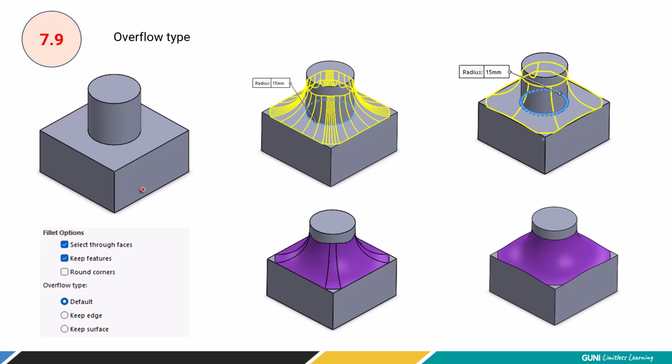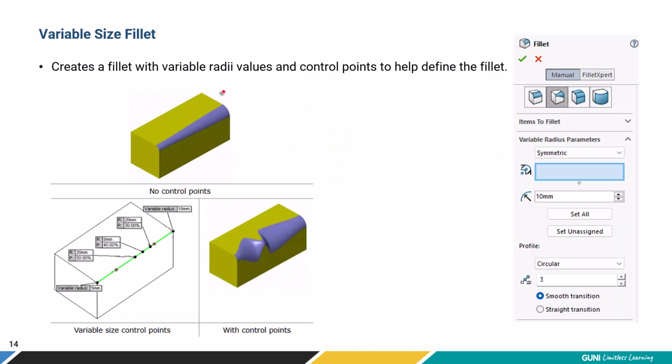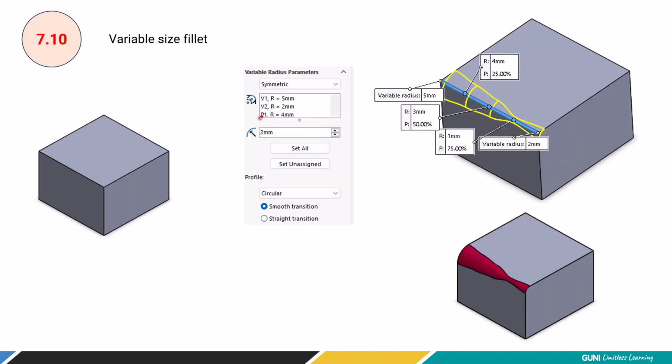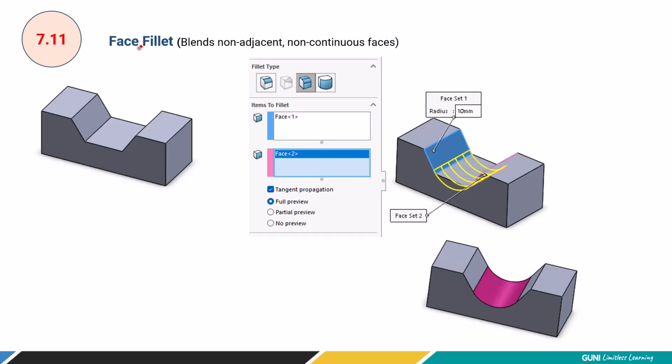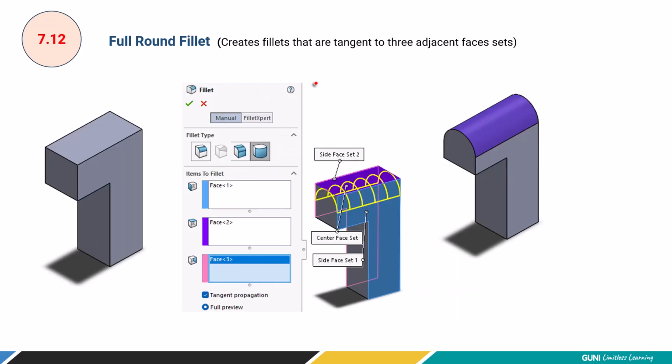In 7.9, we are going to explore the effect of overflow type, how SolidWorks decides which option to use when the fillet is larger with respect to surrounding edges, whether to use keep edge or keep surface. Then we'll explore the variable size fillet in the 7.10 exercise. Then we'll explore the face fillet, which is our third option. And lastly, we are going to explore the full round fillet type.